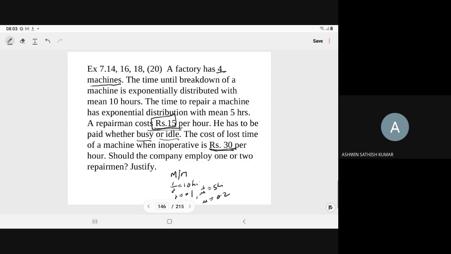Should the company employ one or two repairmen? Here the number of repairmen, S, is the decision variable. So what policy should you opt for, the one for which we have the minimum cost?